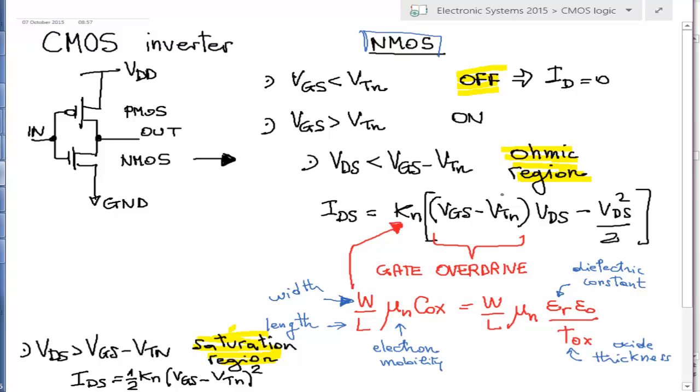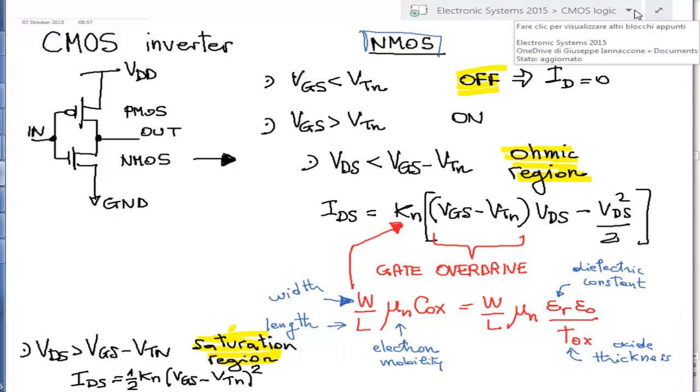Because in that case, basically, apart from the sign, the behaviors of the curves are the same. So we have just two parameters. If these two parameters are equal, except for the sign, we have basically identical curves and a symmetric circuit.